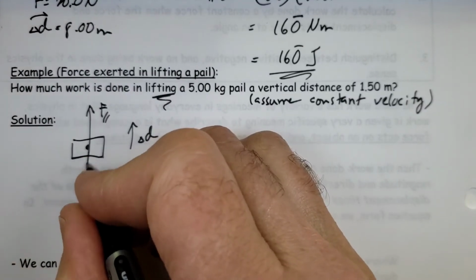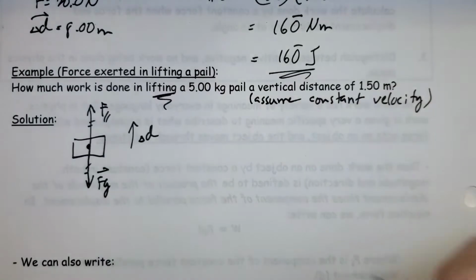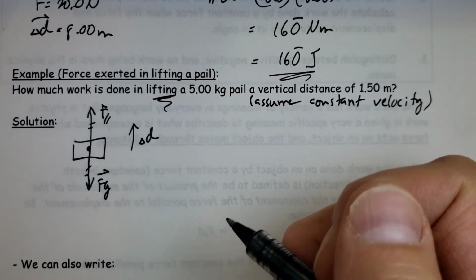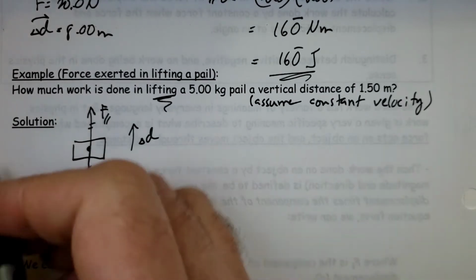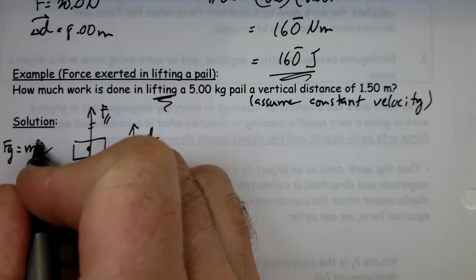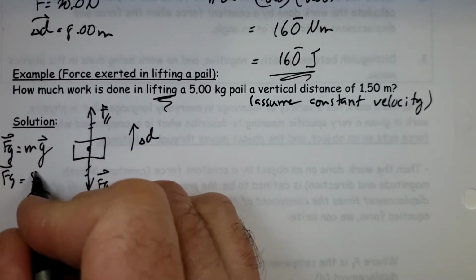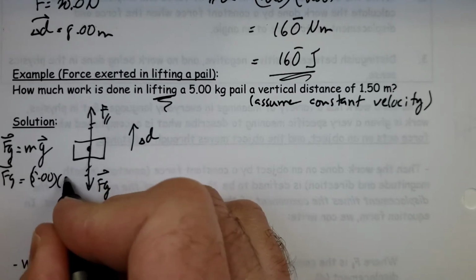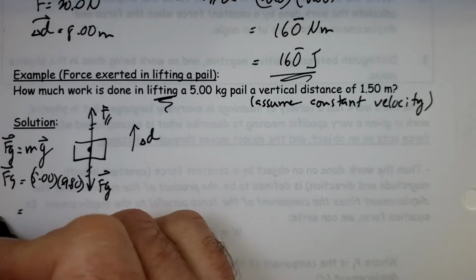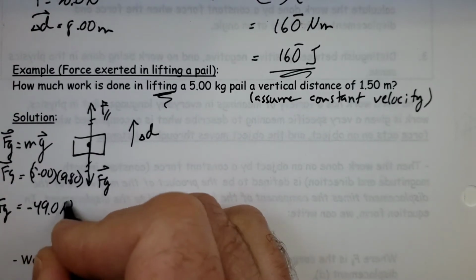So of course what we're counterbalancing here is Fg. So if I can figure out what Fg is, I'll be able to figure out what F parallel is. So Fg is equal to mass times gravity. So it is a 5 kg pail multiplied by negative 9.8. That's going to give us negative 49.0 newtons.